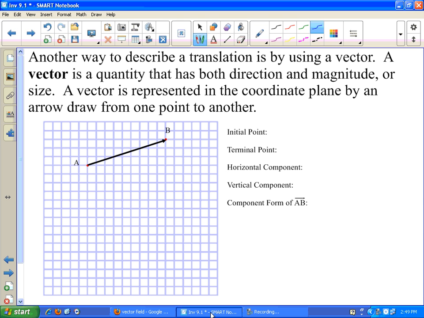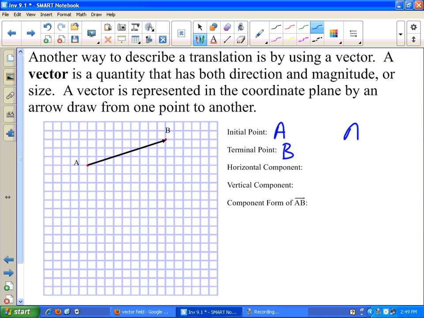But anyway, on a vector, we have a couple key things. First one is our initial point. Our initial point is the point without the arrow. So our initial point here is A. Our terminal point is the ending point, the point with the arrow, which is B. The way we write a vector is always starting with the initial point, ending with the terminal point.